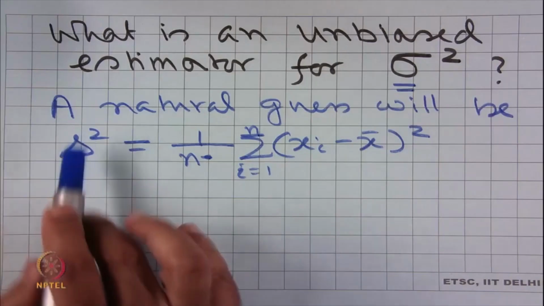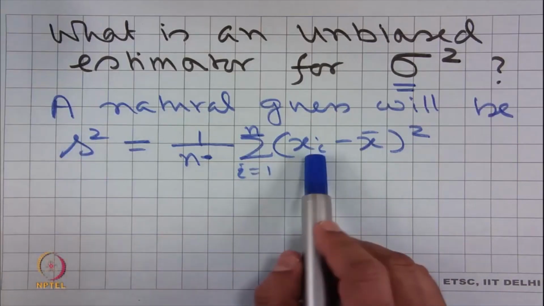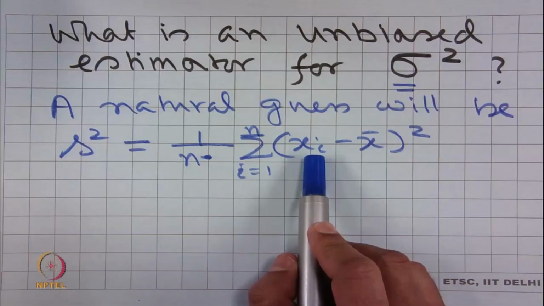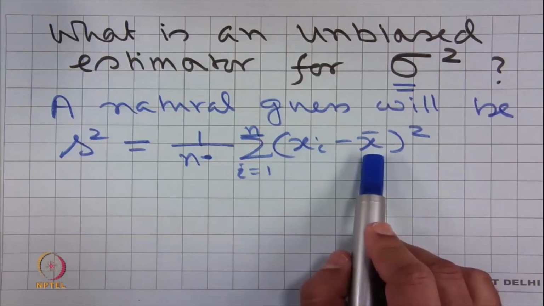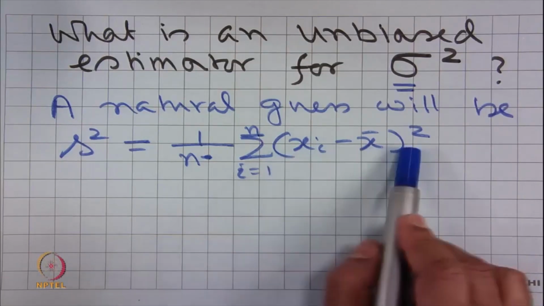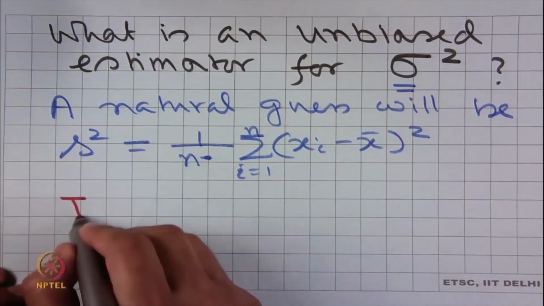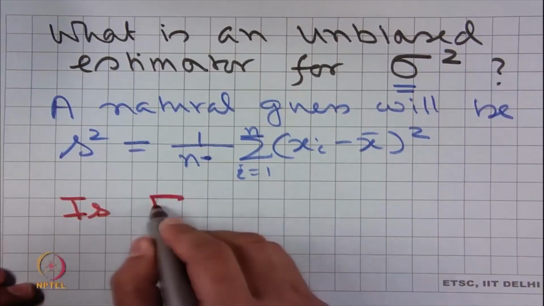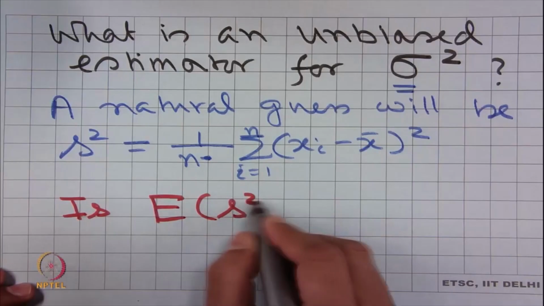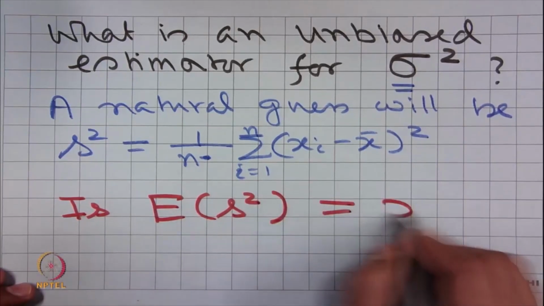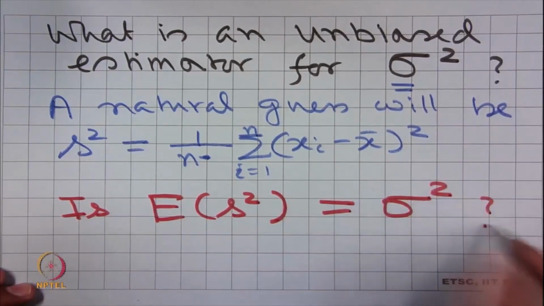So, x 1, x 2, x n are my sample, x bar is the sample mean. Therefore, sigma x I minus x bar whole square upon n, that is the sample variance. The question is, is expectation of small s square equal to sigma square?